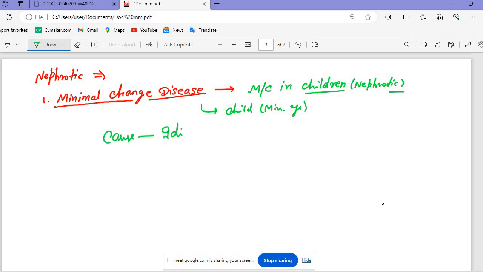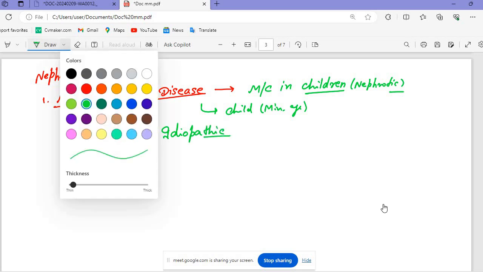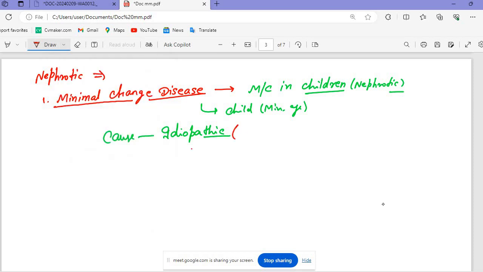What is the meaning of idiopathic? Idiopathic means the cause is unknown, the etiology is unknown. This minimal change disease is also known as lipid nephrosis.